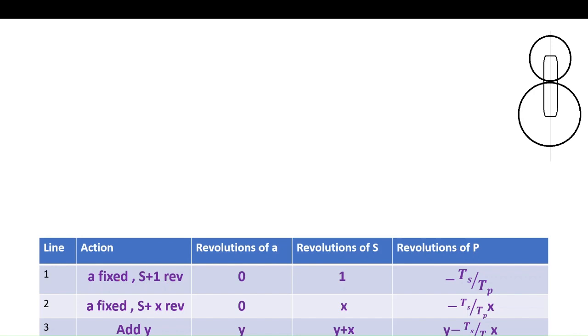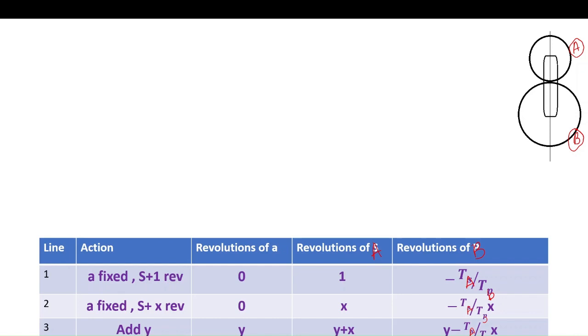Here instead of S we have A, and instead of P we have B. So TA upon TB. See, this is the simple modification you have to do.